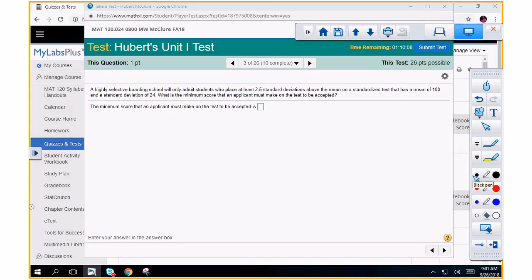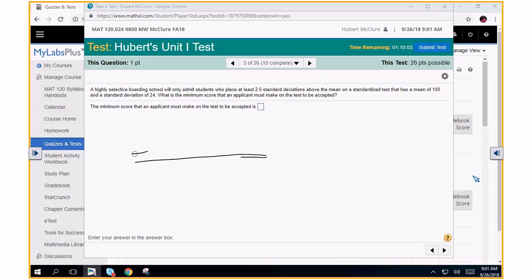Then 124, 148, 76, and 52. So this is a normal curve.